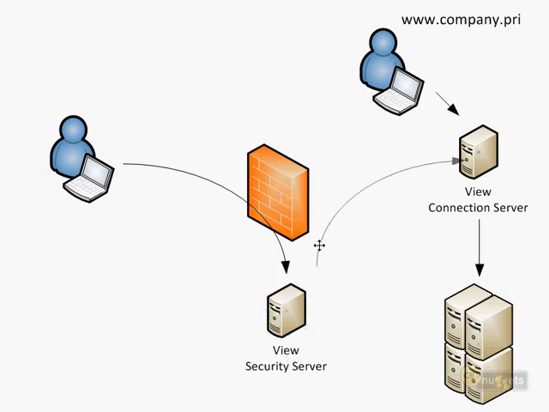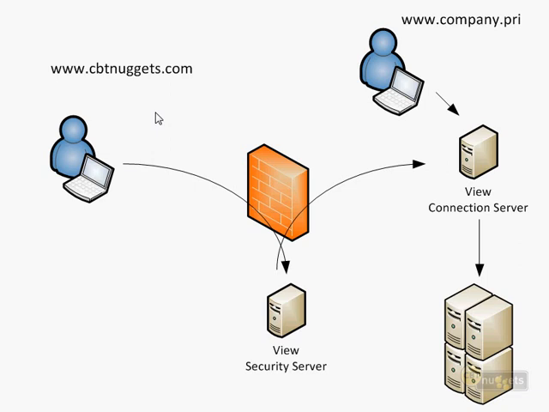With that server in place, all we need to do then is connect up to the view security server, and then that view security server can interact with your view connection server to eventually work down to your virtual machines.